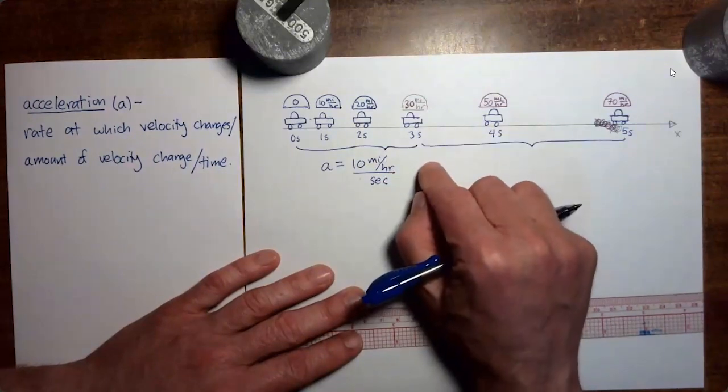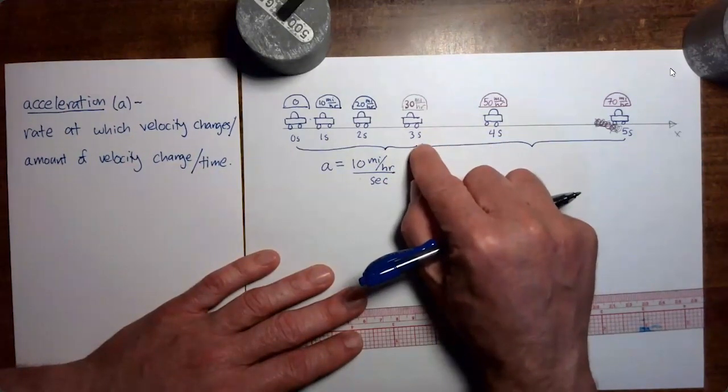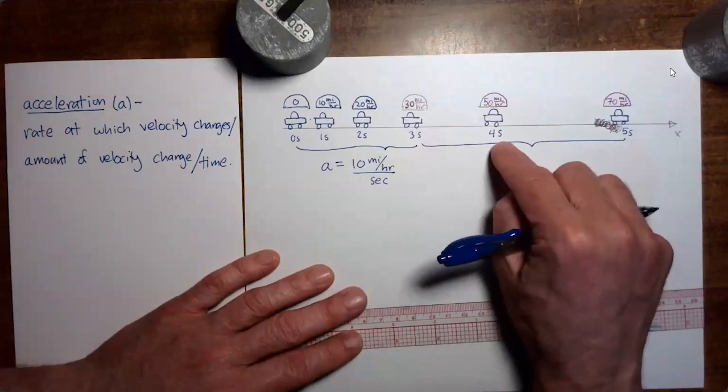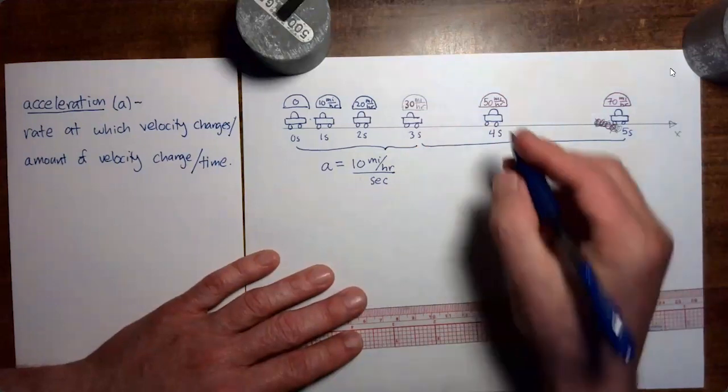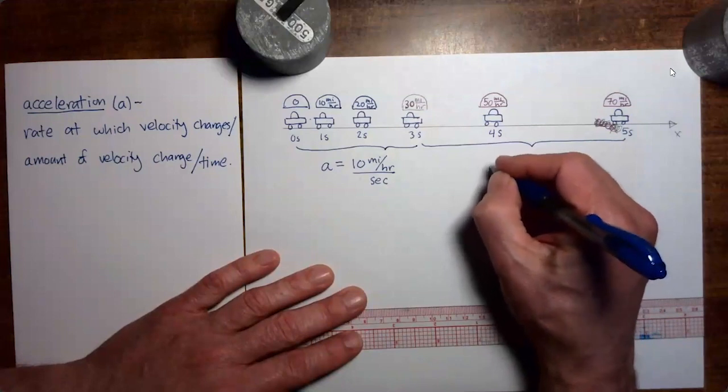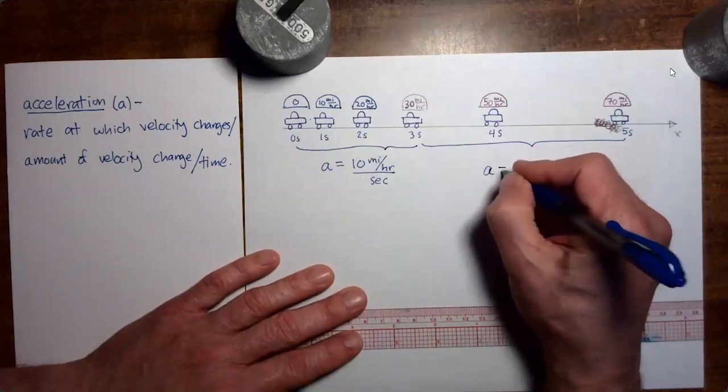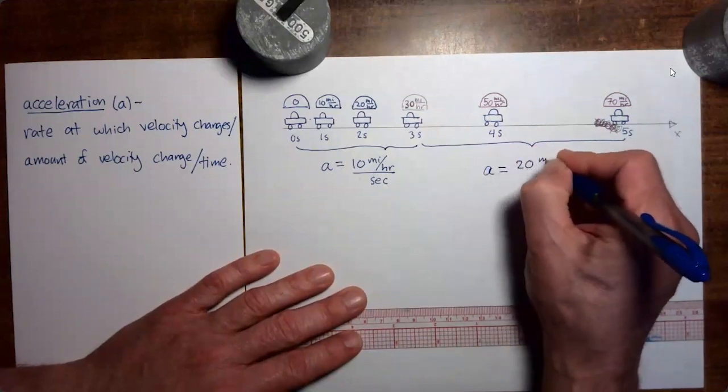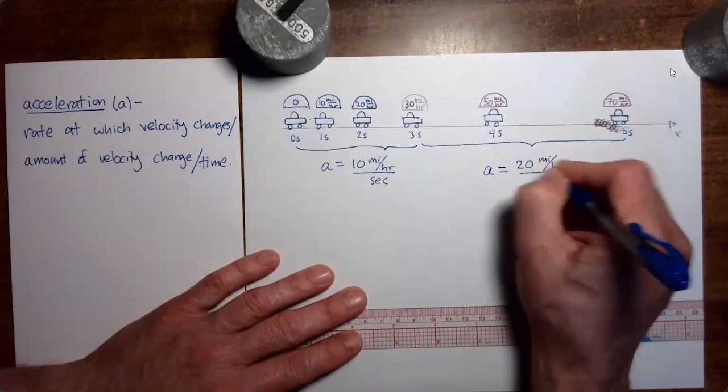In the last 2 seconds of motion, the velocity changes by 20 miles per hour in each 1 second interval. So in the last 2 seconds of motion, I would say that the acceleration is 20 miles per hour per second.